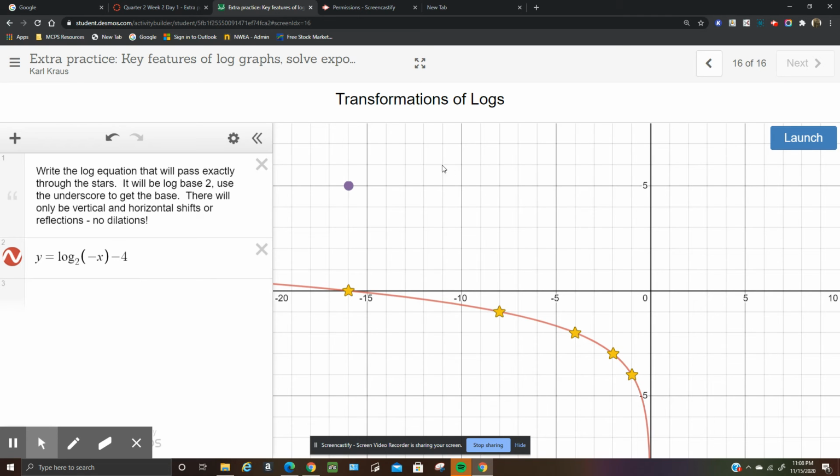It won't be 16 slides. I think it's about 5 or 6 slides. So your quiz will be 6 slides, but it'll be a lot less. Then there'll be a couple on transformation, a couple on key features, a slide on evaluating logs, and a slide on solving an exponential equation.